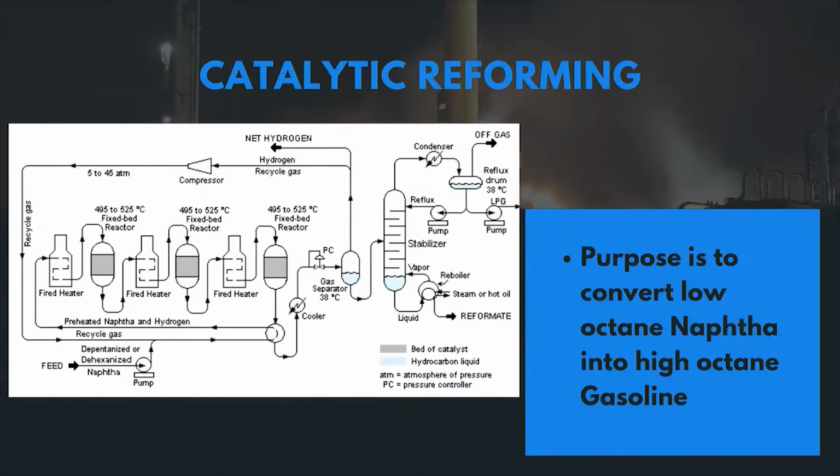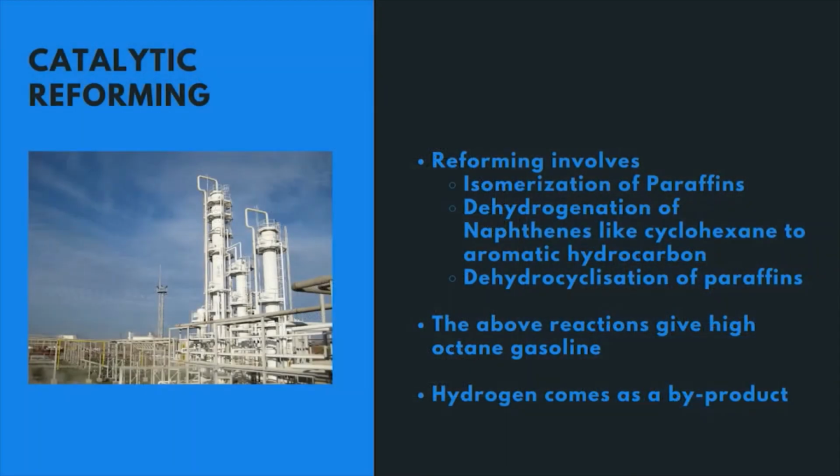As you see here in the process flow diagram, there are three furnaces and three reformer reactors. So, stage by stage, the naphtha stream undergoes a lot of chemical reactions. What kind of chemical reactions does it undergo? Let us see them. The reforming process involves isomerization of paraffins, dehydrogenation of naphthenes like cyclohexane to aromatic hydrocarbon, and dehydrocyclization of paraffins.